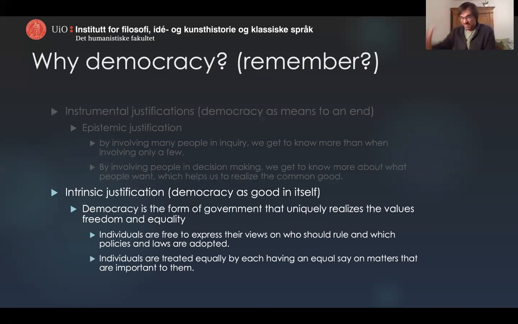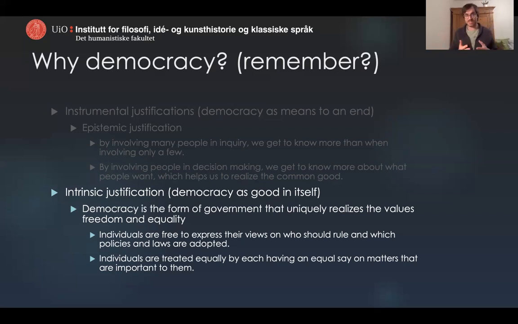But there's another set of justifications for democracy, and that's the idea of an intrinsic justification. Maybe we don't want a democratic society because we want to achieve certain aims. Maybe we want a democratic society because there's something good about it in itself. And here the central idea is that arguably democracy is the form of government that's uniquely suited to realize certain values, namely the values of freedom and equality.